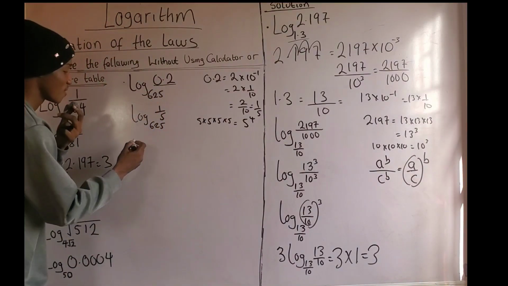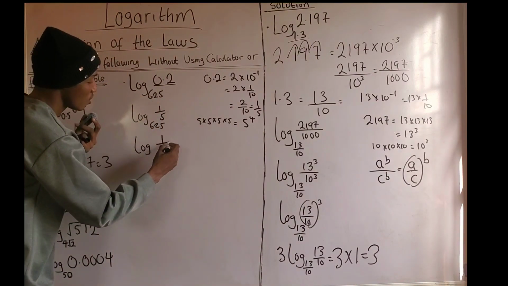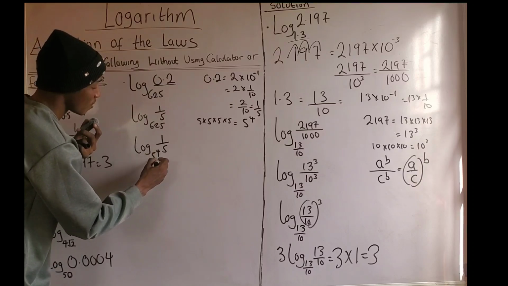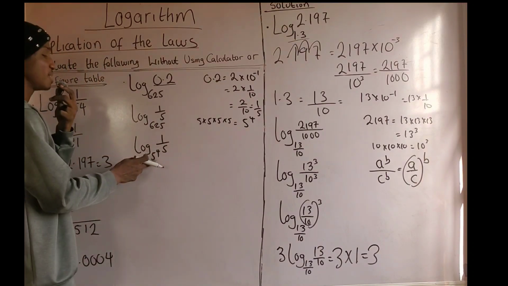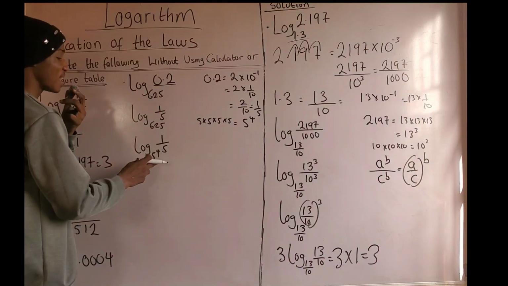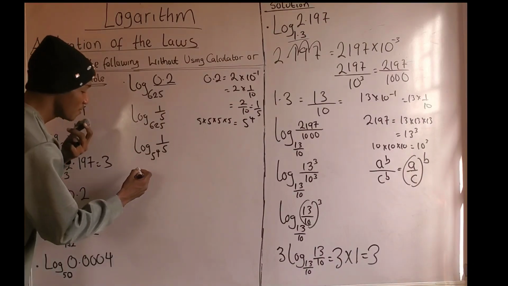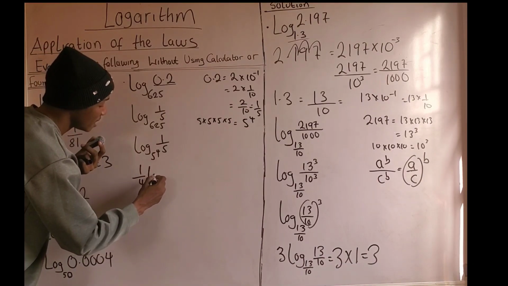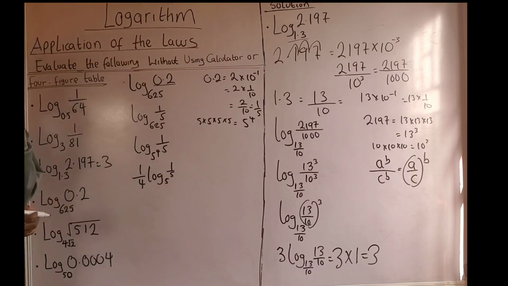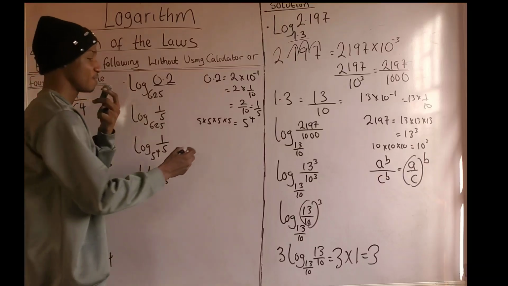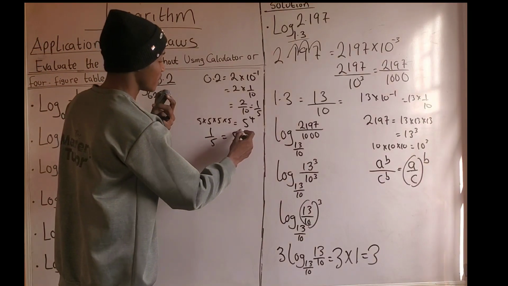So here I'm going to have log 1 over 5 base 5 raised to the power of 4. Now, according to the base power law, if you have a logarithm whose base has a power, the result will be the inverse of the power multiplied by the logarithm. So I'm going to have 1 over 4 log 1 over 5 base 5 here. Do you understand? Now, 1 over 5 can be written as 5 raised to the power negative 1.